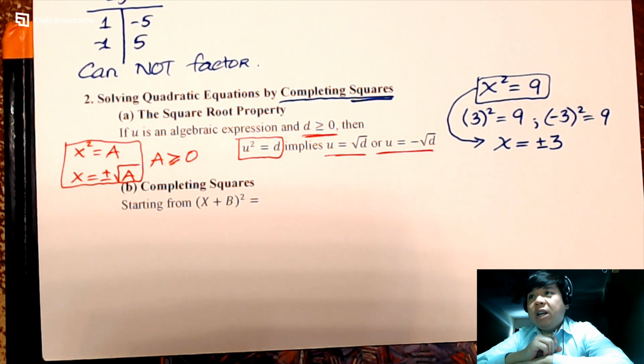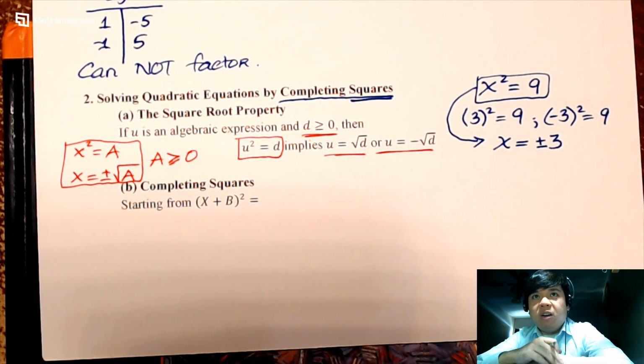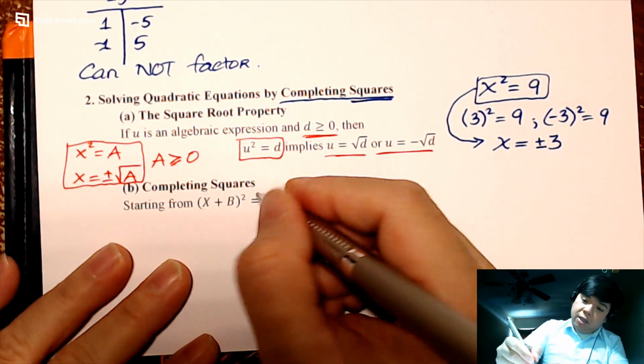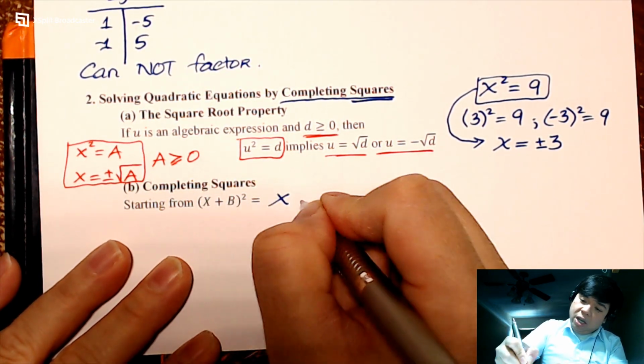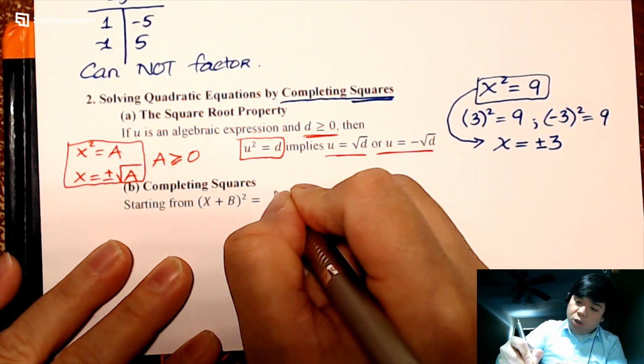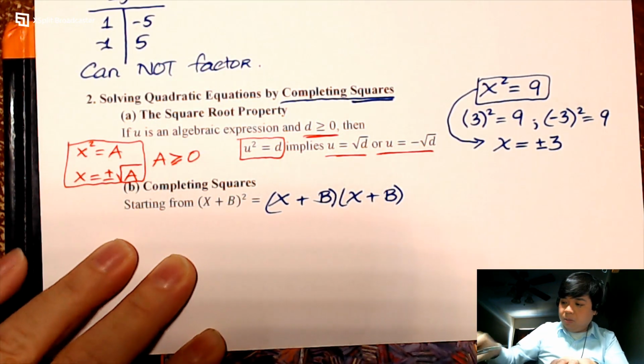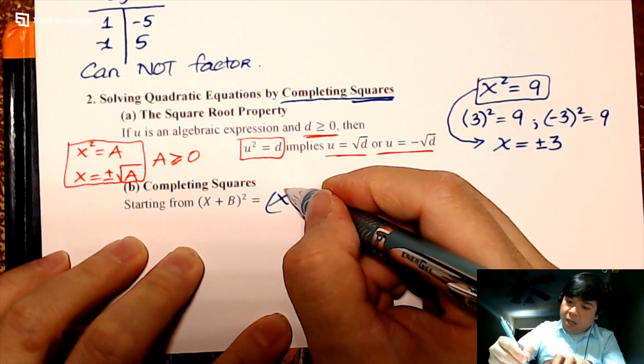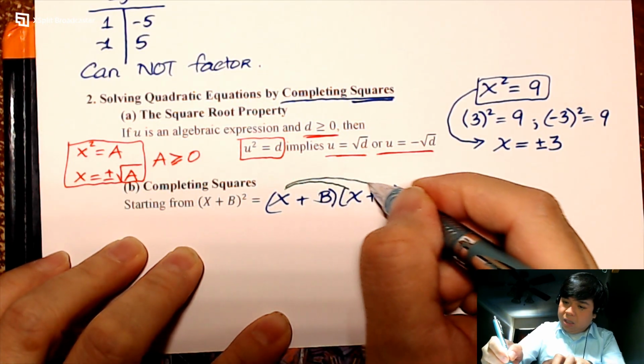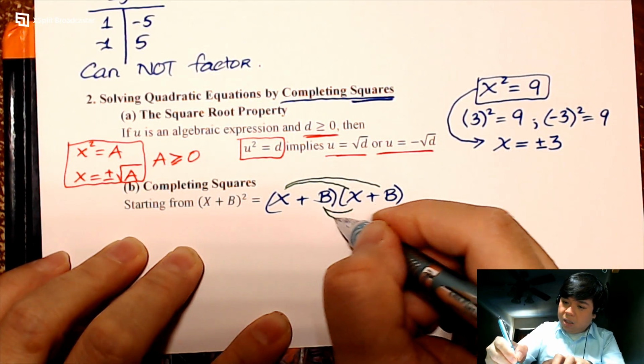Okay, so we have a square equal to something. Now, how do we get the square? Let's work the problem backward. What if we have a square of like x plus b? Okay, so a square here means multiply by itself. Now multiply it out. x times x, x times b, b times x, b times b.